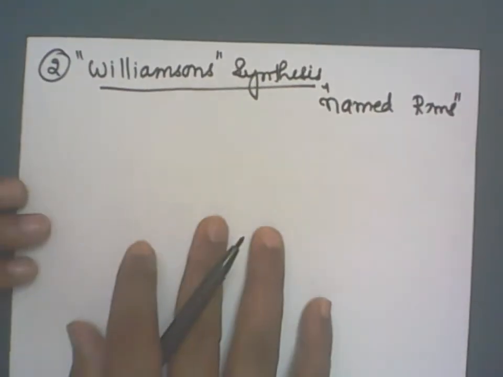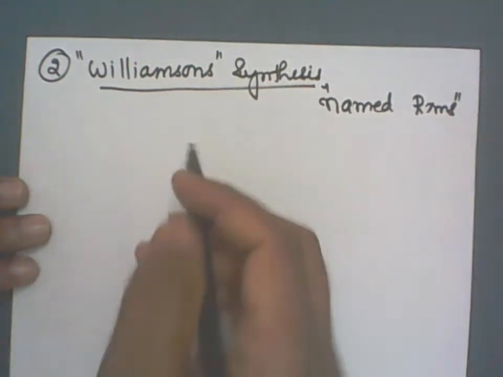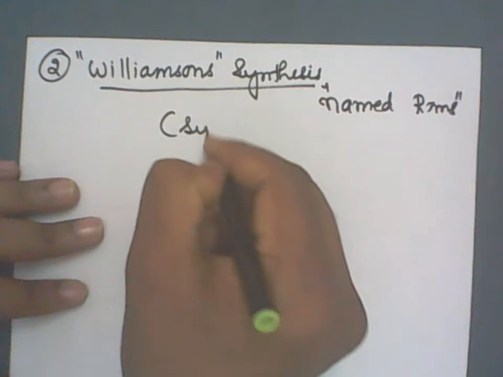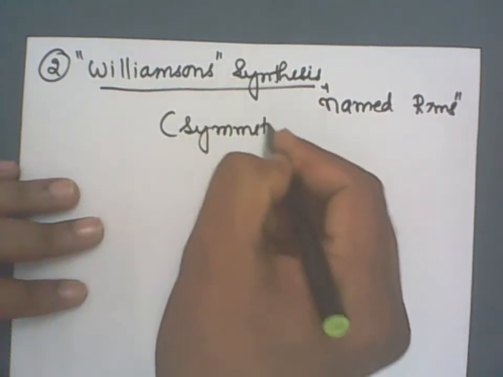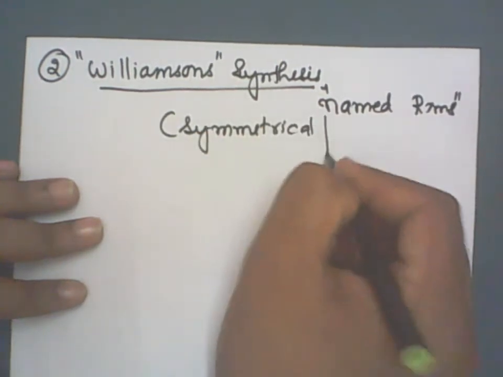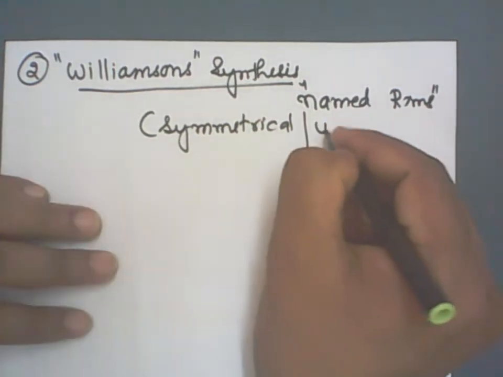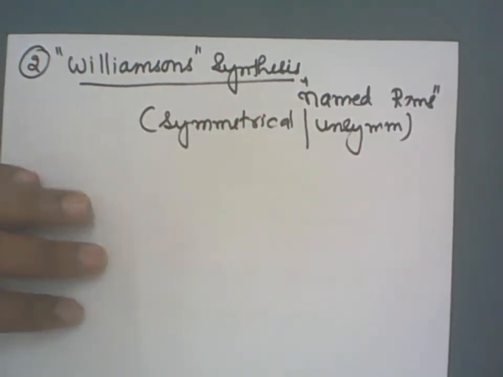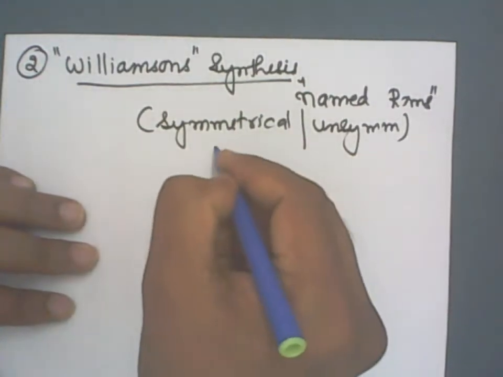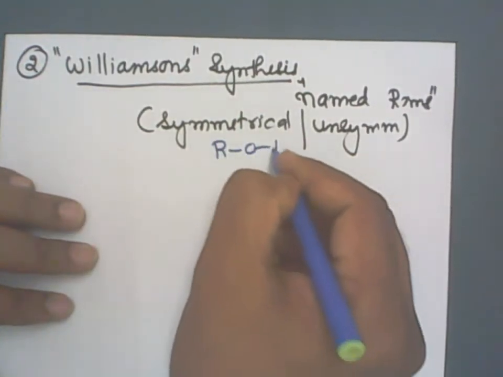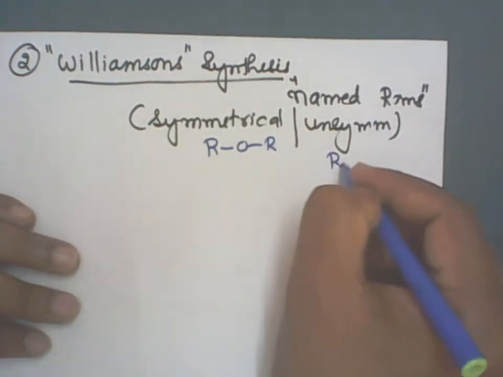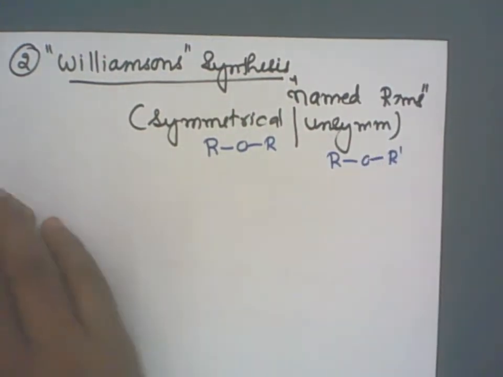Here, in this case, we can prepare symmetrical and unsymmetrical ethers. What do you mean by symmetrical ether? Symmetrical ether means ROR, both the groups are same. What do you mean by unsymmetrical? The R groups are different here.